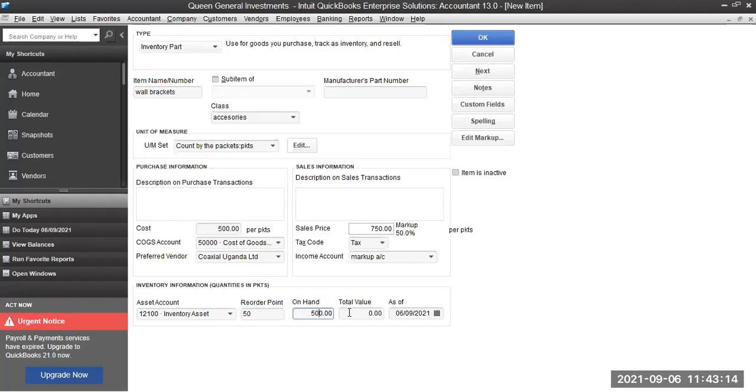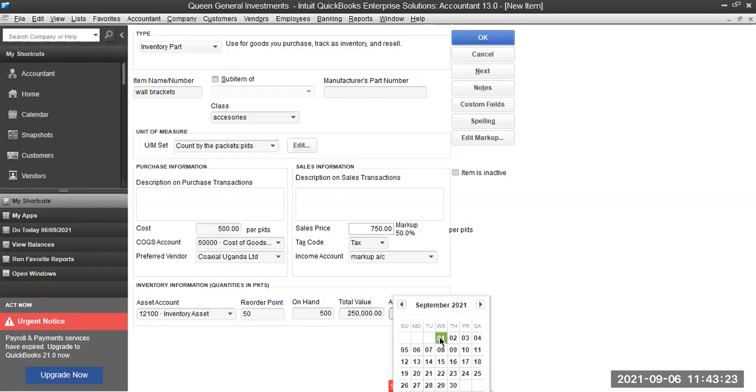That is what the system does to give us the total value. Then the date is 1st September, the opening balance date. Then you can say okay.